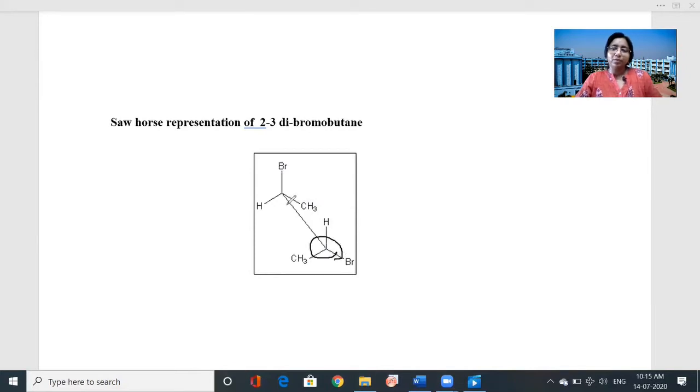If we look from downward, from the bottom, then we will see the top carbon and the bottom carbon. So it is a similar representation, the Sawhorse and Newman, only the difference is from where we are looking. For Newman, the view is from the front side, and here the view is from the bottom.